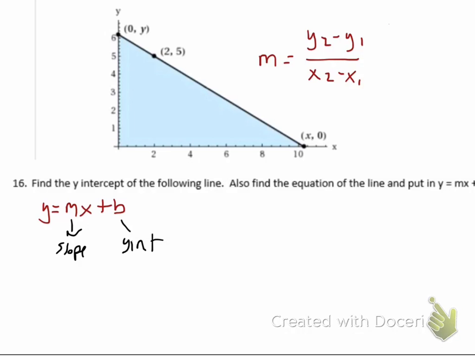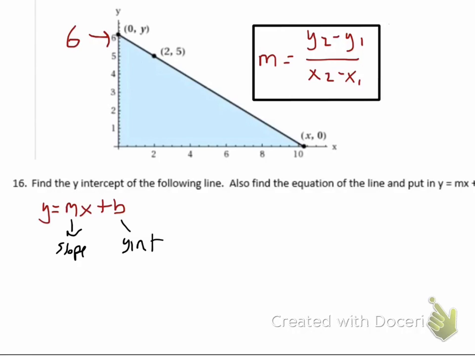Alright. Use this equation for slope. The circle doesn't work that good for me. Okay? And then your y-intercept. Y-intercept equals, we'll say 6, because it's right there. So my y-intercept, B, equals 6.